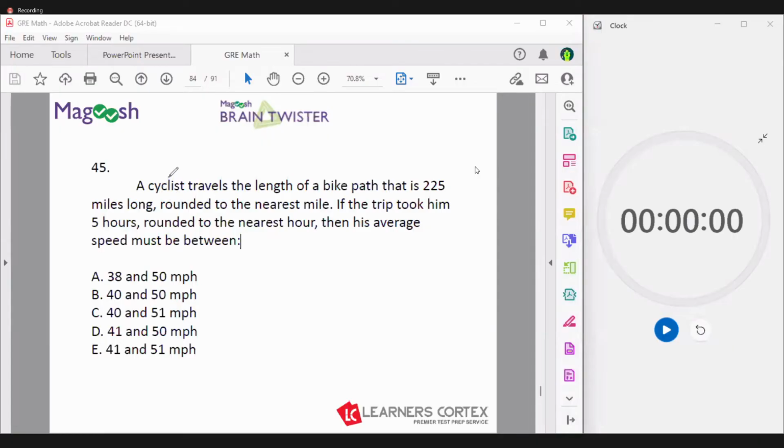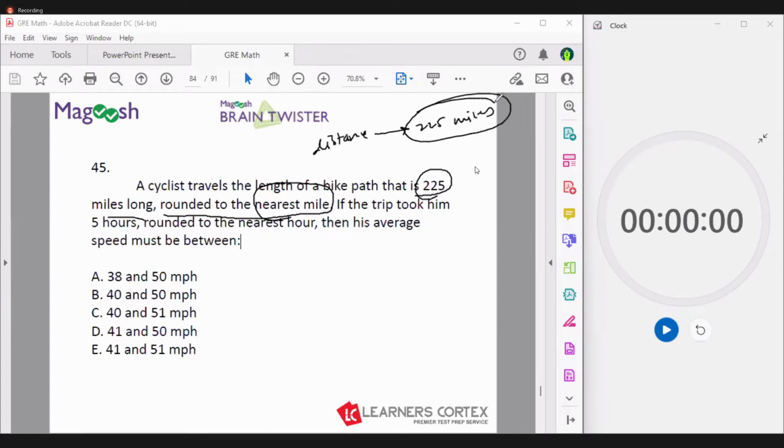Okay. Now it says that a cyclist travels the length of a bike trail that is 225 miles long, rounded to the nearest mile. Now it says that the distance has been rounded off to 225 miles.